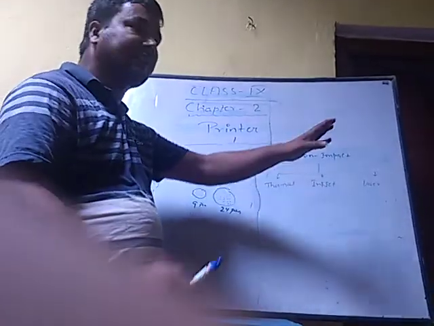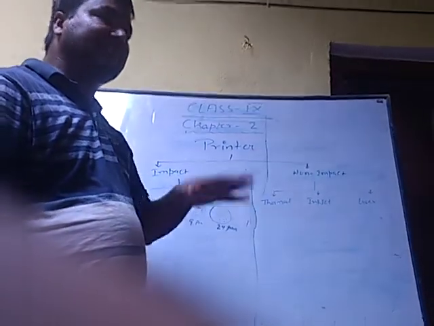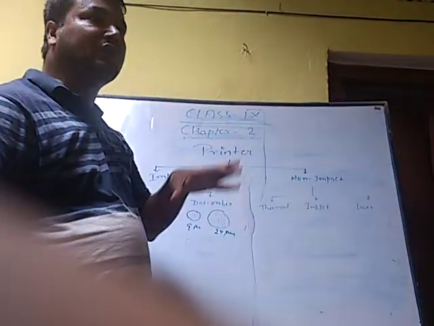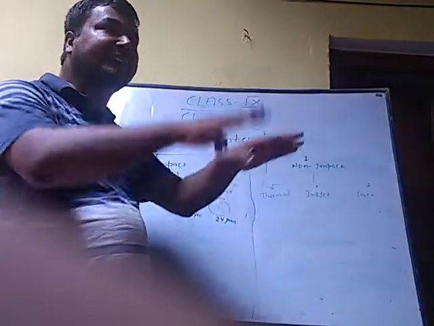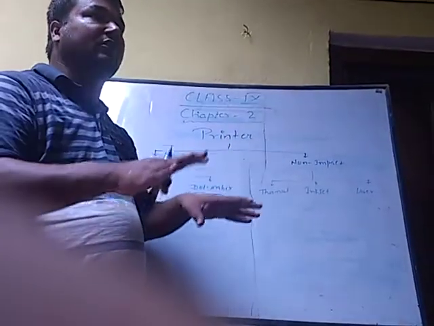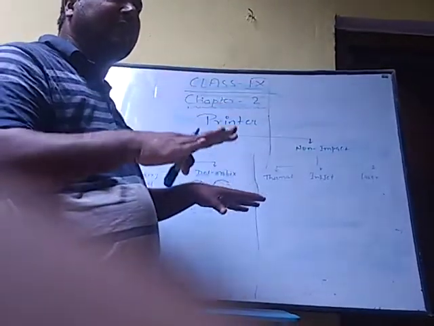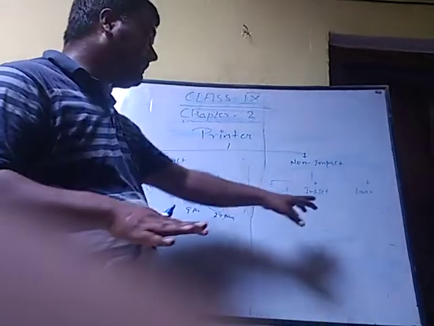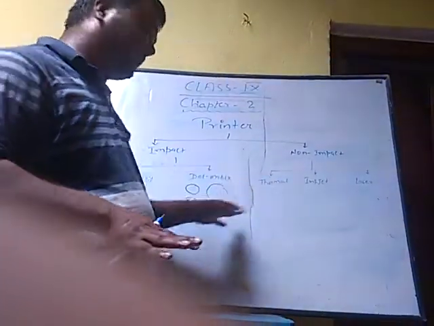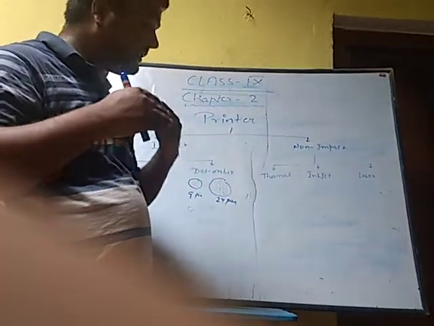Okay, inkjet printer. This is the most common printer we use in our home, office, and school. It uses spraying technology. It sprays inks on the paper, and by spraying it forms the picture. Its picture quality is much better than the other printers, and printing speed is very high.